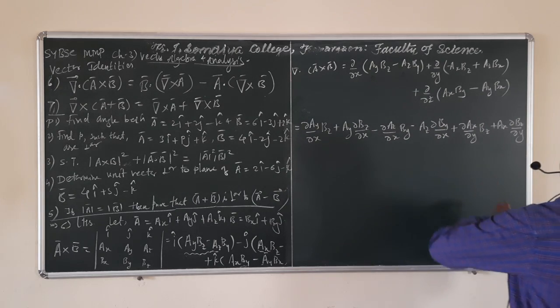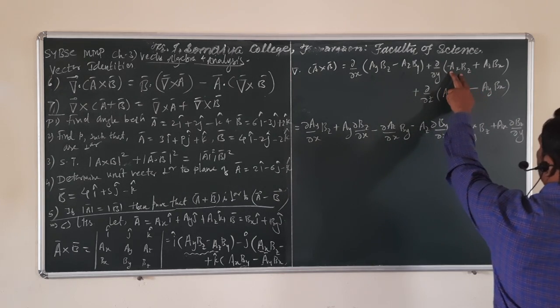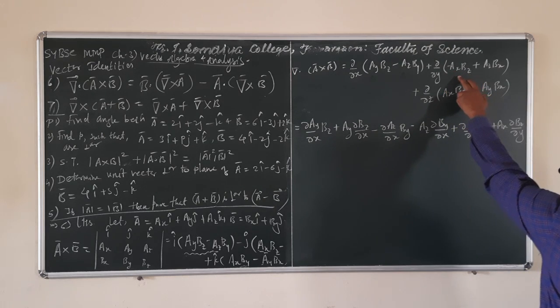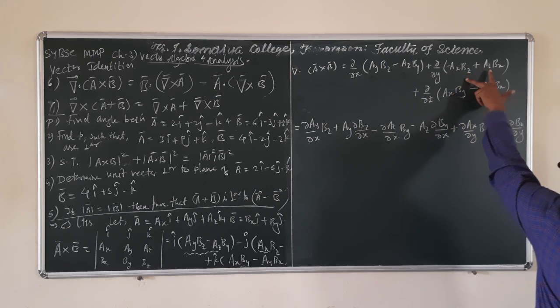So this is the derivative of this term. First the derivative of ax with respect to y, then bz, and afterwards ax as it is with the derivative of the second term. Now we have to differentiate this term.